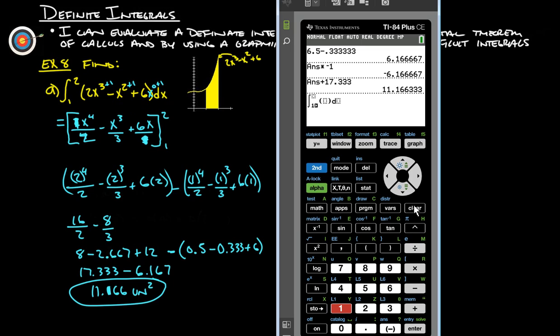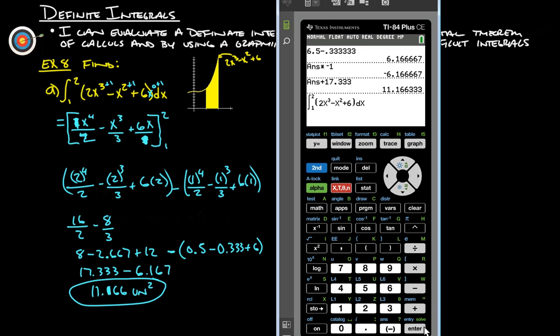We're going to go from 1 to 2. Put in our function here, which is 2x cubed minus x squared, and then plus 6. There's our function, and we're doing this all with respect to x.